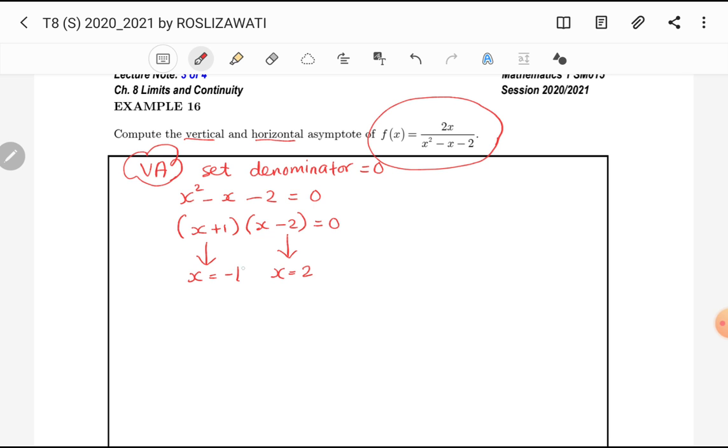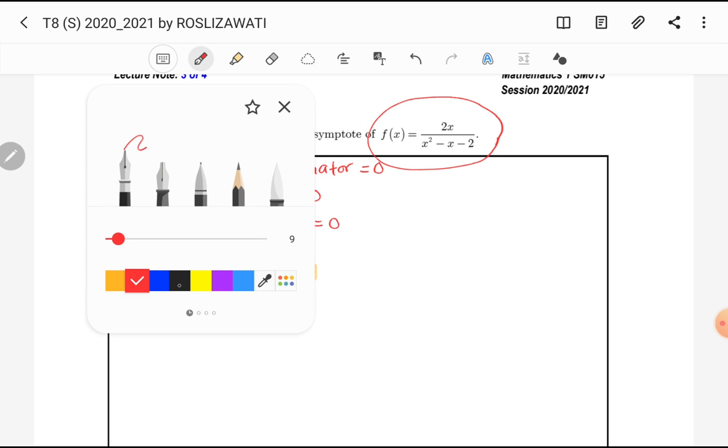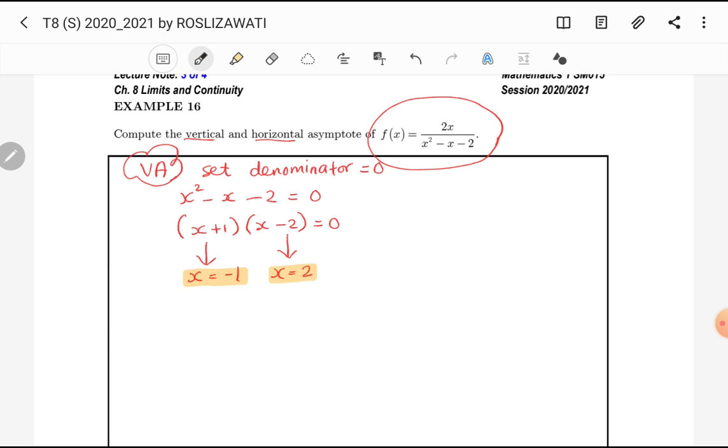So kita kena check dua tempat. Okay, when x equal to negative 1 and x equal to 2. Okay, so untuk negative 1, kita kena check positive and negative part. Maksudnya limit from right, limit from left.